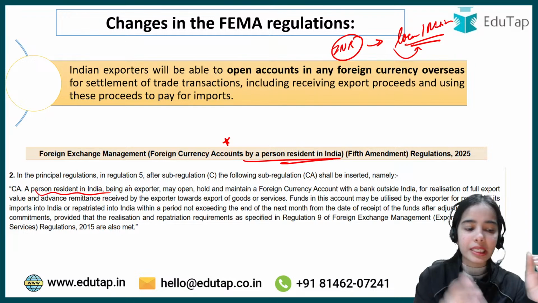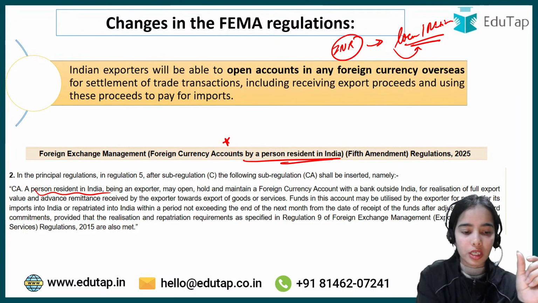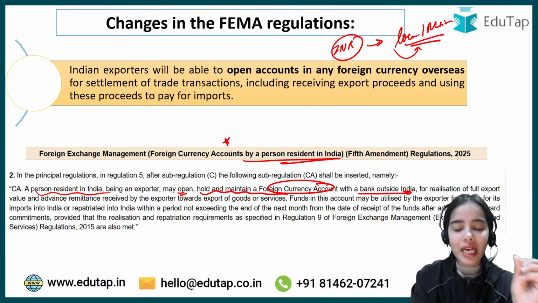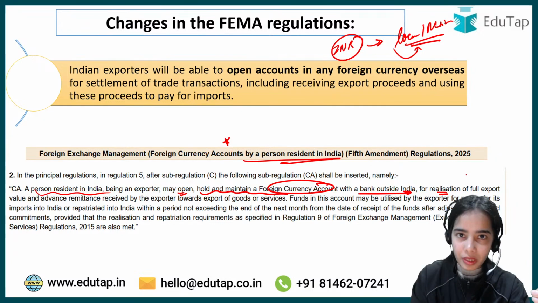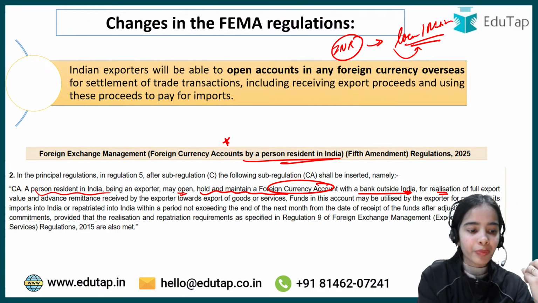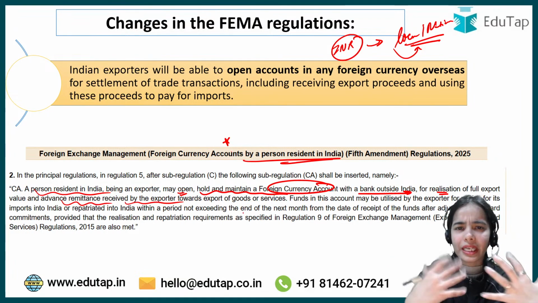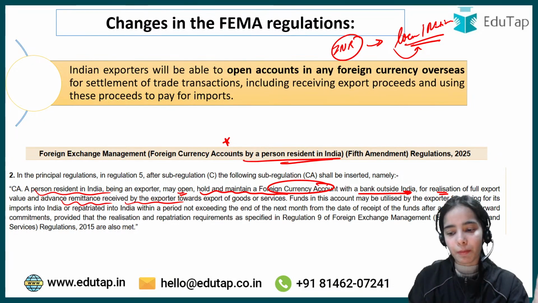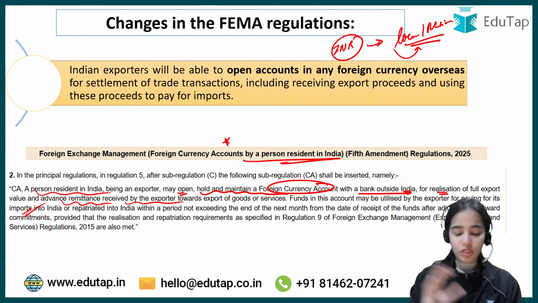A person resident in India, particularly an exporter, can open, hold and maintain a foreign currency account with a bank outside India for taking the export payments and advance remittance received by the exporter. Like taking the payments for the export, and this money can be used for paying for the imports. Okay, so this is the basic idea.